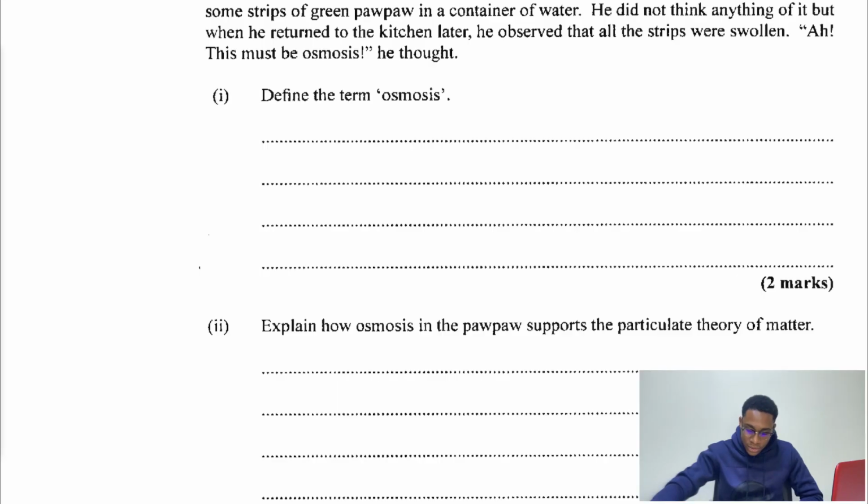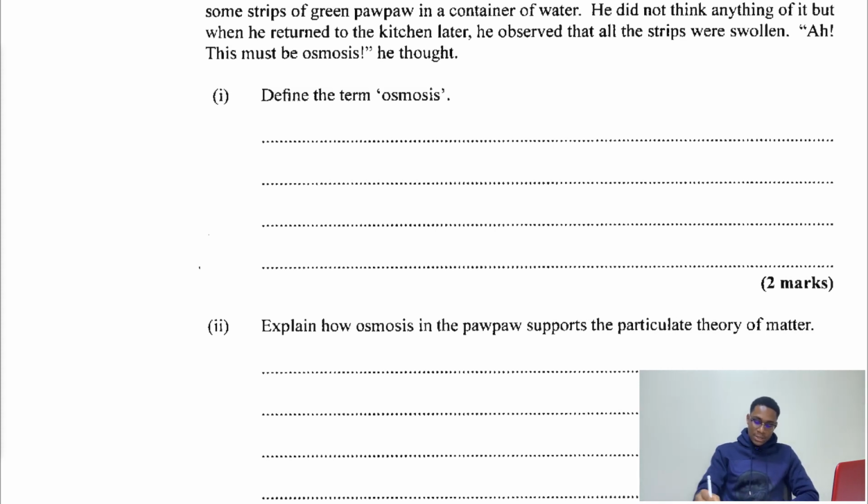So question 2. Now, Kwesi went to the kitchen to collect his morning snack during his study break and saw some strips of green pepper in a container. He did not think anything of it. But when he returned to the kitchen later, he observed that all the strips were swollen. And he thought, this must be osmosis. So question 2I wants us to define the term osmosis.